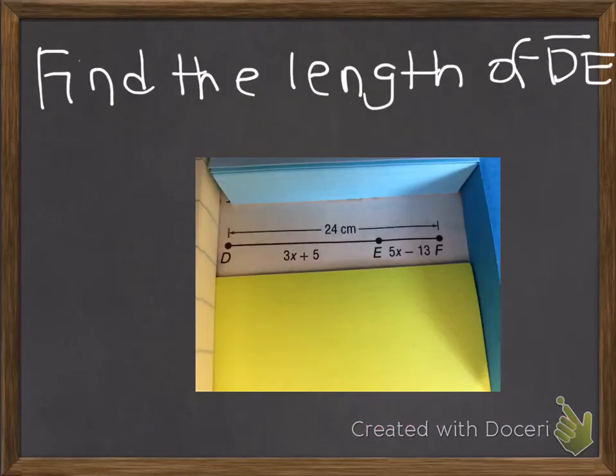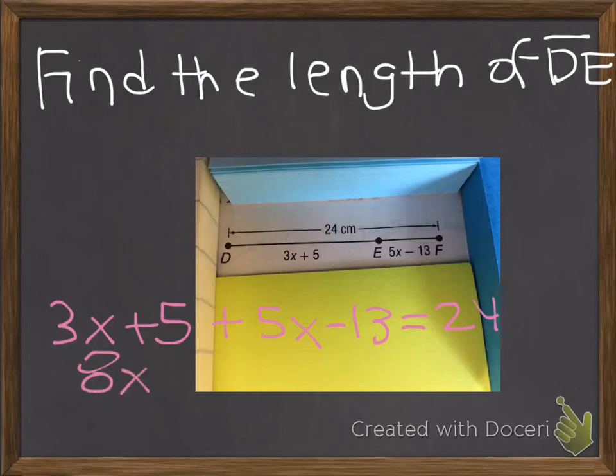The next one, we're looking at the diagram they've done for us, very similar to the last problem we did, and we're going to find the length of DE. So that means we need to find the value of x first. If we know the total, that means we could put 3x plus 5 plus 5x minus 13 equals the total 24 and solve for x that way. So we combine like terms.